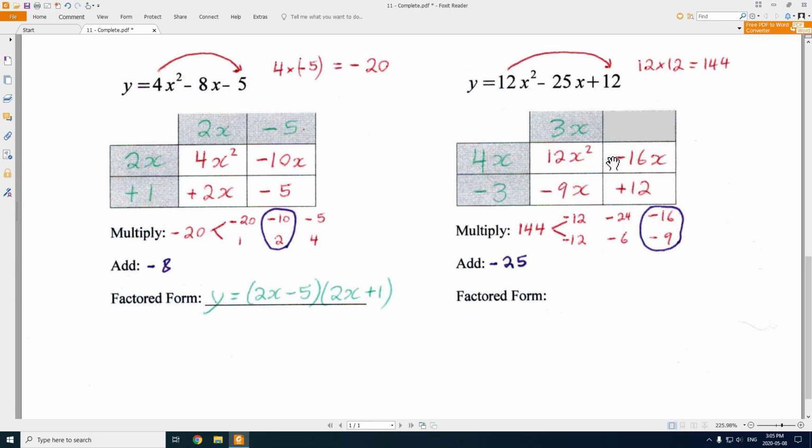And last column, negative is the first thing I see, so it will be negative. And I think the biggest number that they both divide nicely by is a 4, so negative 4. Okay, so those are my two brackets. 3x minus 4 times 4x minus 3.